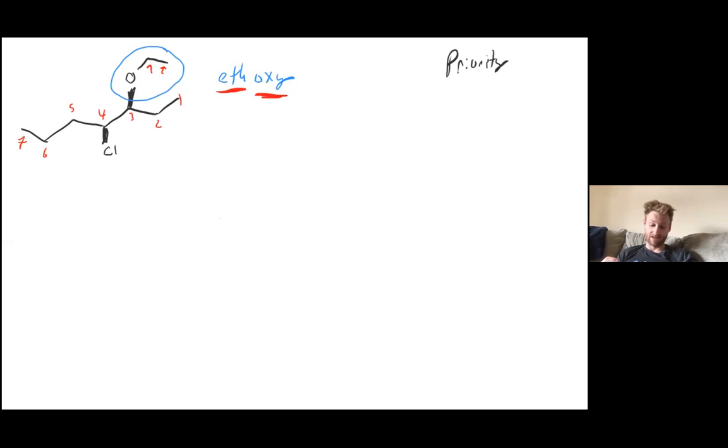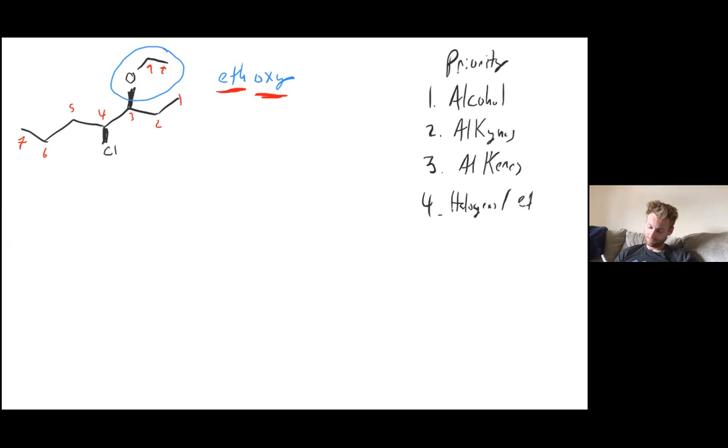It actually ranks with halogens. So our number 1 priority is still alcohols. And this is in our lowest priority group with halogens. Ethers and carbons here, it doesn't really make much of a difference. We're just trying to get our lowest amount of substituents still.